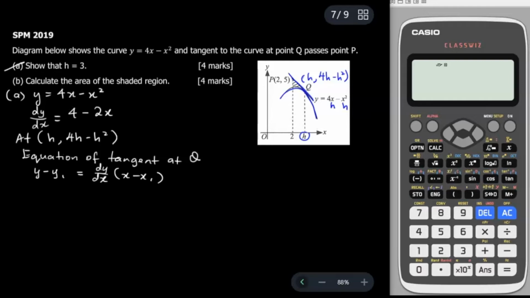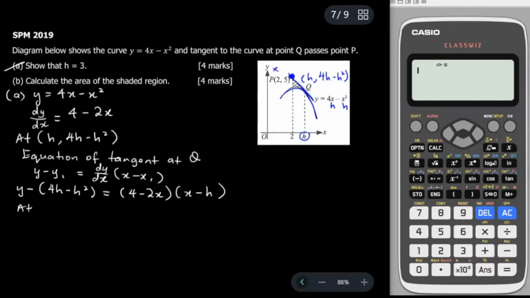Now I'm going to substitute y1 and x1. So y minus (4h minus h squared) equals the gradient 4 minus 2x, times x minus h.